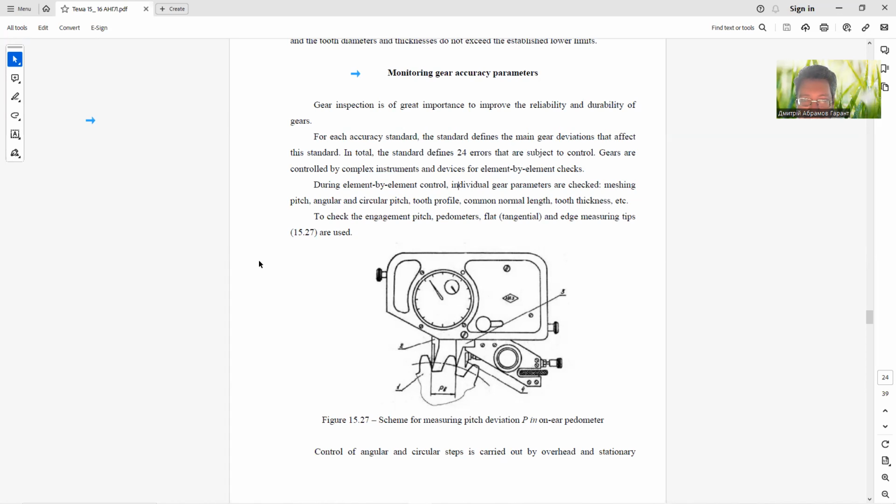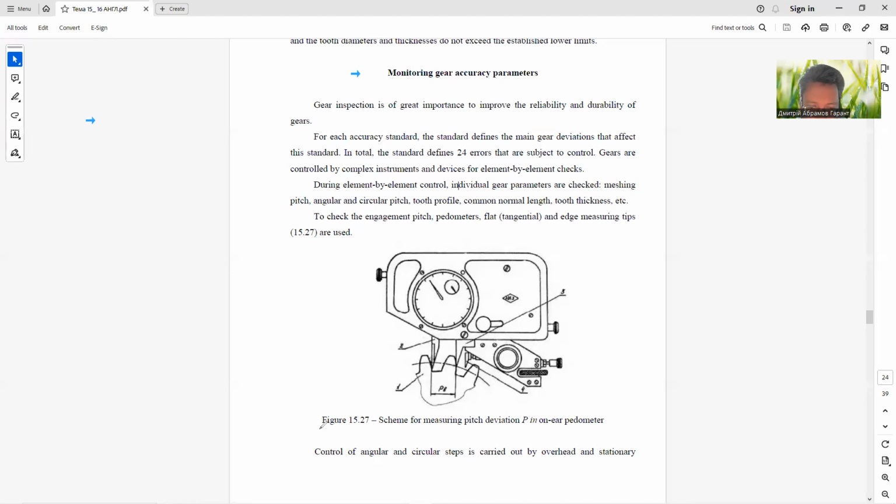During element-by-element control, individual gear parameters are checked: meshing pitch, angular and circular pitch, tooth profile, common normal length, tooth thickness, etc. To check the meshing pitch, pitch gauges with flat, tangential, and edge measuring tips are used.